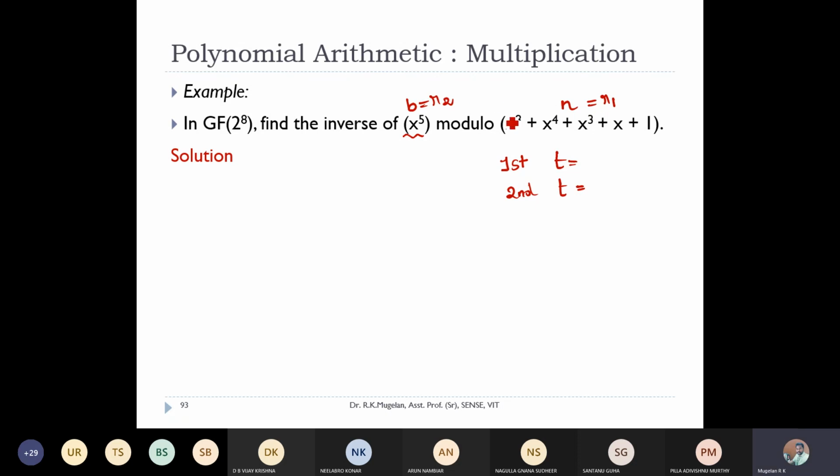So you'll be dividing R1 by R2. The first one you can easily tell me the answer for t. So you can use your chat box to tell me the value of t for the first iteration. Once you finish the first iteration, then you can go for the second iteration.